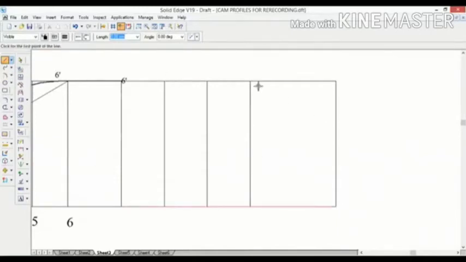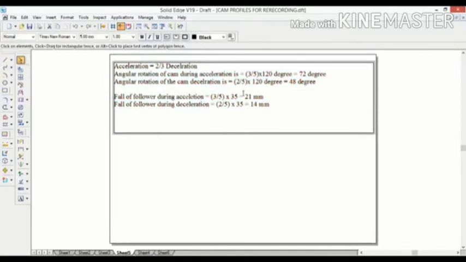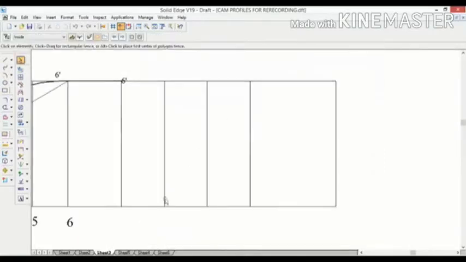Since we have divided the acceleration part into 3 equal parts, the fall of the follower during acceleration we need to find out. The total lift is 35 mm, out of which 3/5 times 35 gives us the fall of follower during acceleration, which is 21 mm. So we need to divide this vertical line from the top.